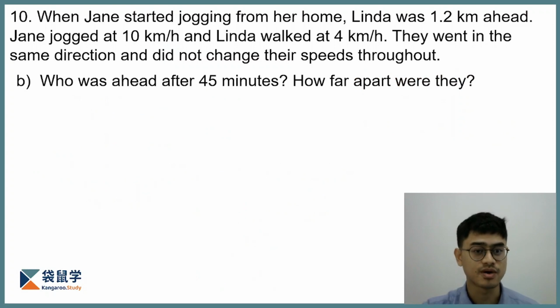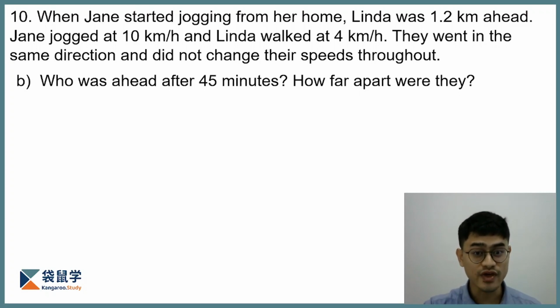Now for the second part, part B, it's asking who was ahead after 45 minutes and how far apart were they? Who was ahead? What is that even asking? Now we know after 45 minutes, from part A we know Jane has already jogged 7.5 kilometers by this time. So who was ahead is just asking, is Linda in front or behind Jane?